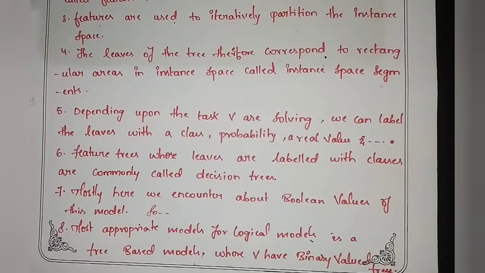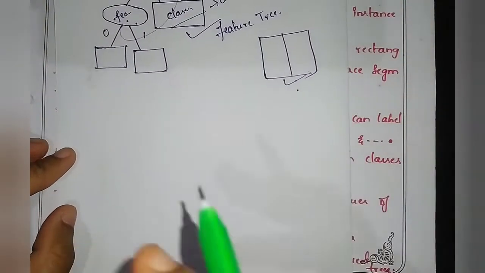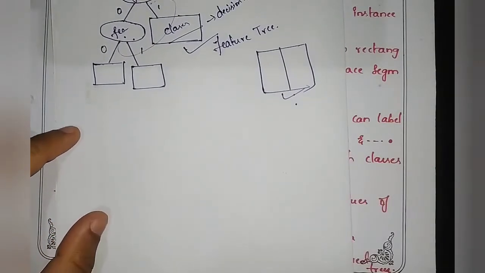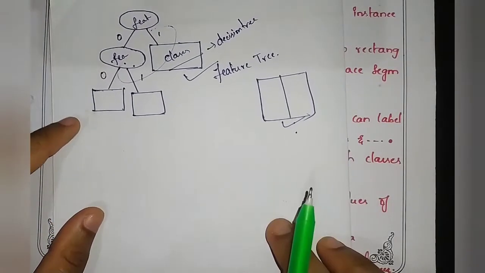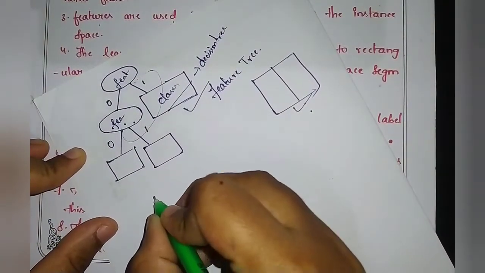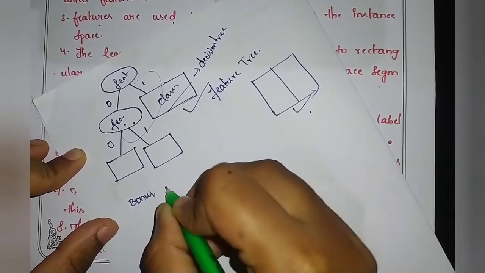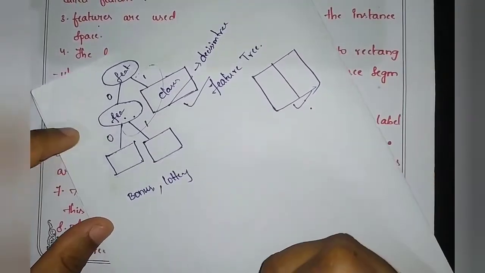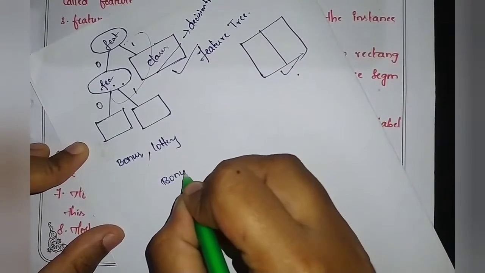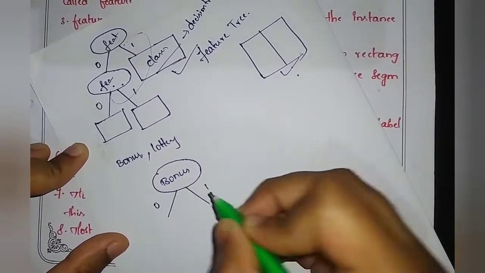Now, as I have shown you, we go on to the construction: how we deal with a feature tree, and how we construct the instance space with a feature tree using features and instance classes. Let me take two features, bonus and lottery. My first feature is bonus, with two boolean cases, 0 and 1.